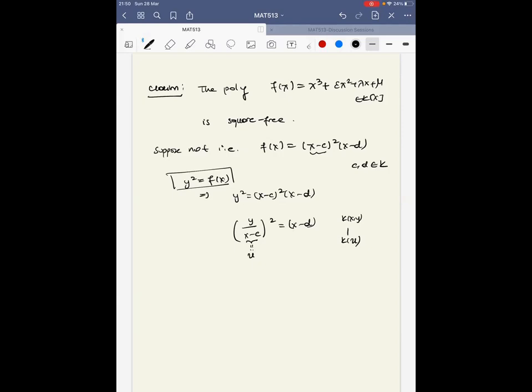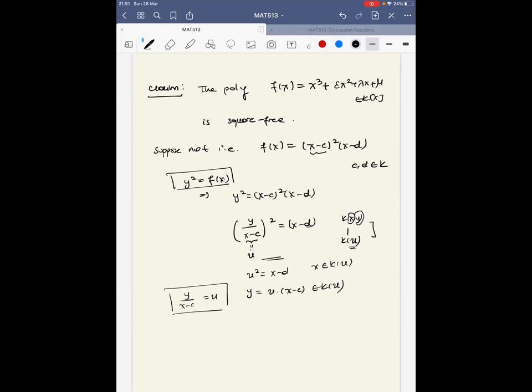And if you consider this field extension and this equation, first we can see that u squared is equal to x minus t, and this shows us the transcendental x is an element of k of u. And similarly, since we set u as y over x minus c, we can also observe that this transcendental y is also an element of k of u.